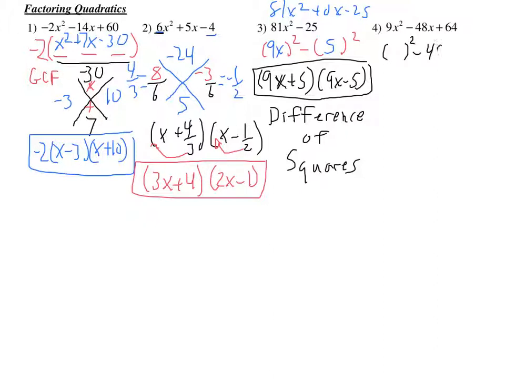I'm going to leave the negative 48x in the middle. What squared gives you 9x squared? That's 3x, and this is 8. So let's stick 3x there and 8 there.